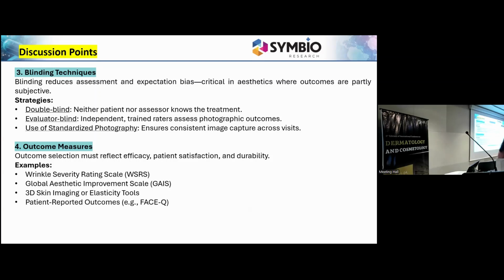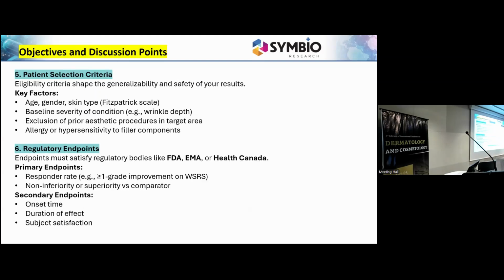There are several in aesthetic clinical trials. As most of you are dermatologists, you must be aware of these validated scales that are there in the market. That is the wrinkle severity rating scale, the global aesthetic improvement scale, 3D skin imaging or elasticity tools, or patient-reported outcomes.